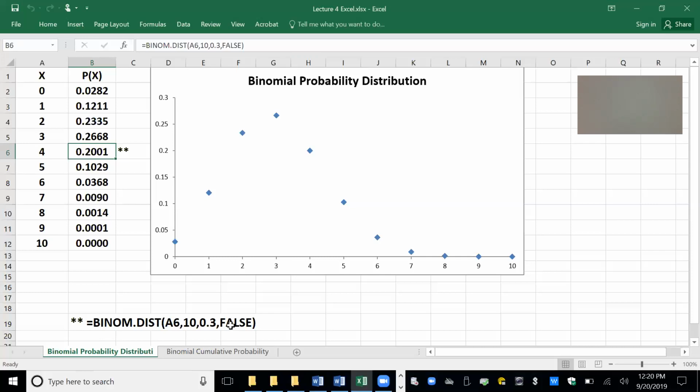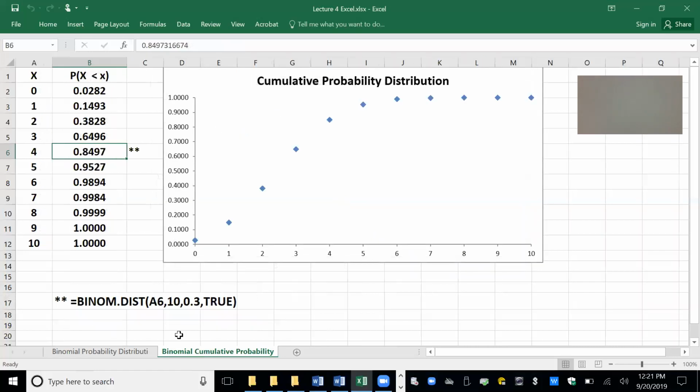Okay, Excel is not very user-friendly in this regard. It says, do you want the cumulative distribution, true or false? False. No, I don't want the cumulative. The one we use most often is the cumulative. That's why its default is that you want that one. But no, I don't want the cumulative. I want the individual, the equal to values. And we get a distribution like that.